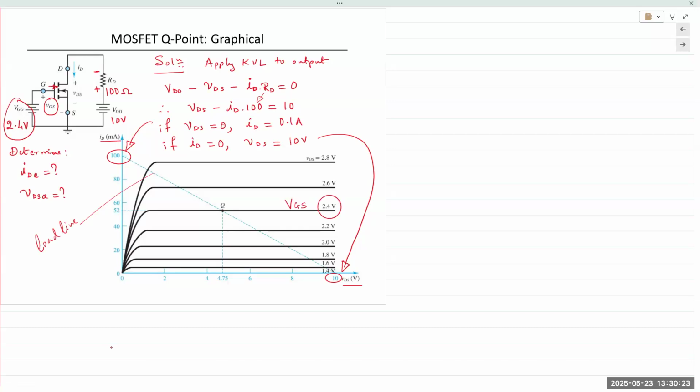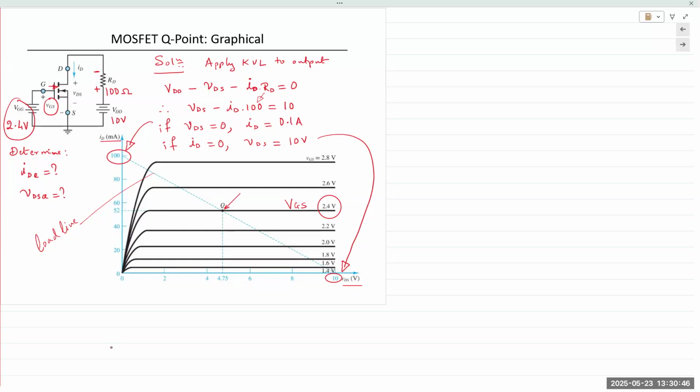Okay, so VGS is equal to VG, which is measured with respect to ground. And so if VGG is 2.4 volts, VGS is also 2.4 volts. We simply pick this line right here, and this intersection point is our Q point.